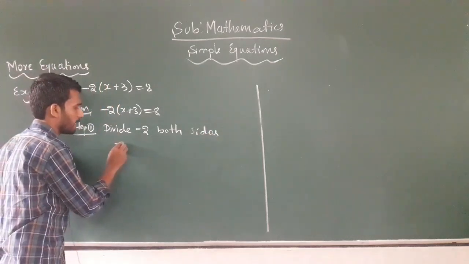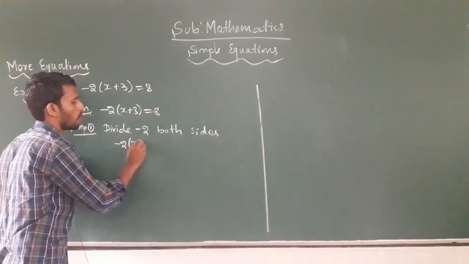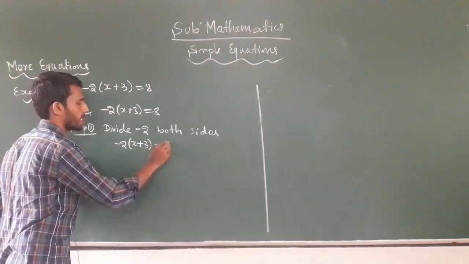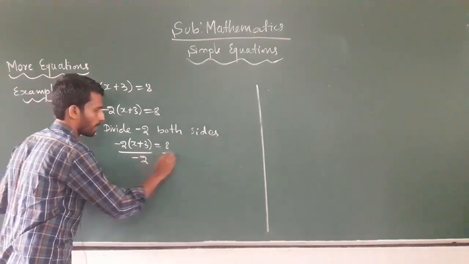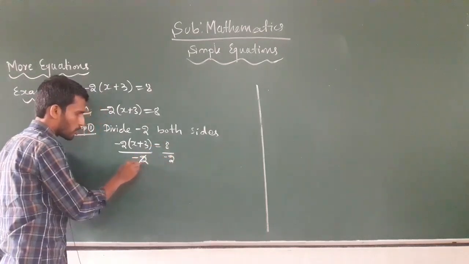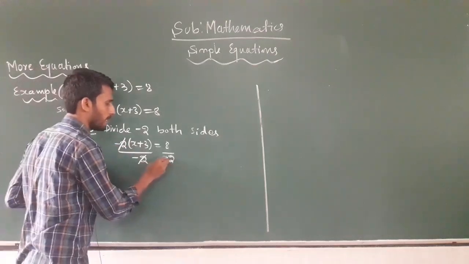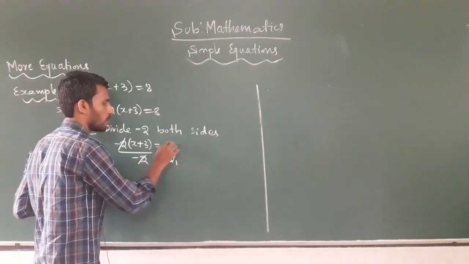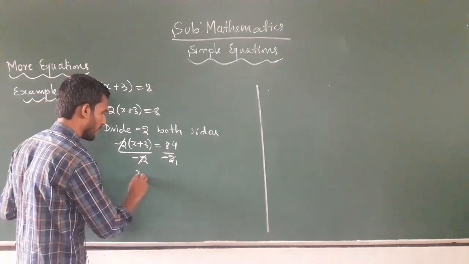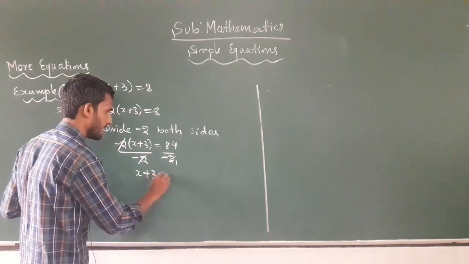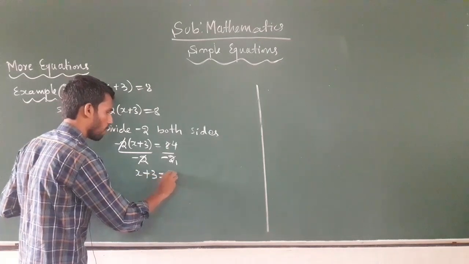Now when we divide by minus 2 on both sides, minus 2 will cancel. Here 2 1s are 2, 2 4s are 8. Now remaining is x plus 3 is equal to minus 4.